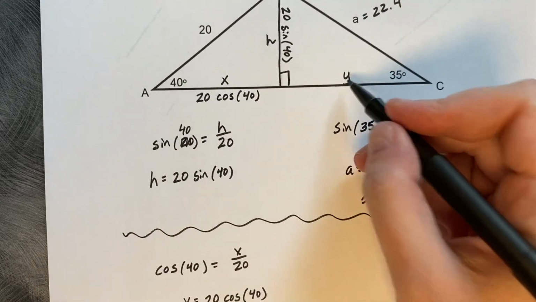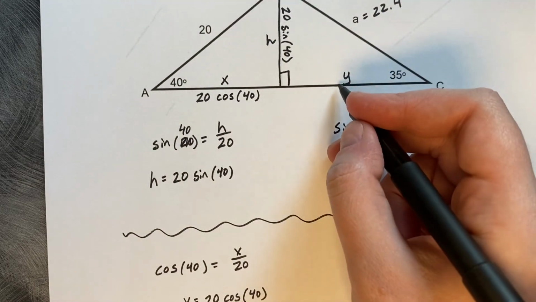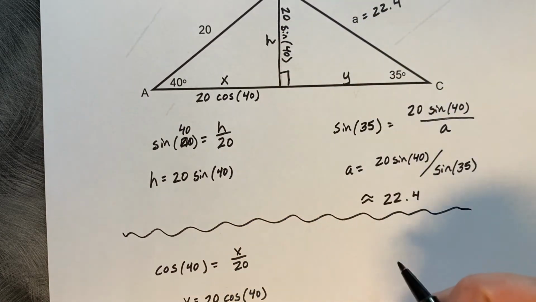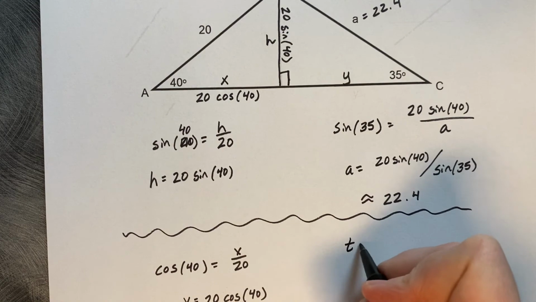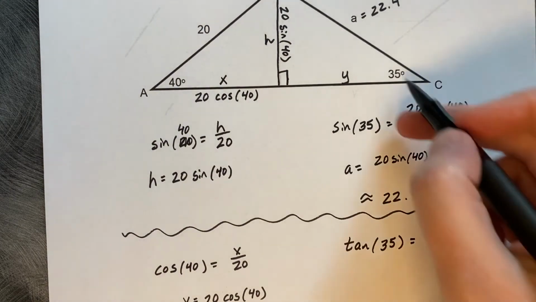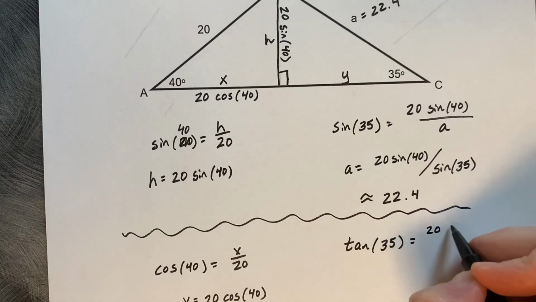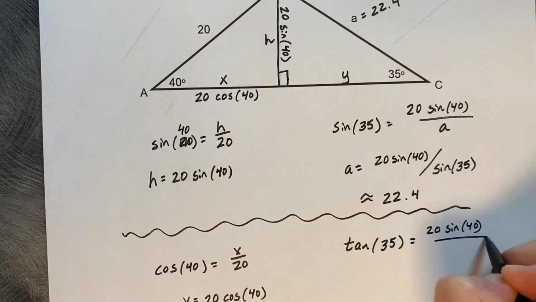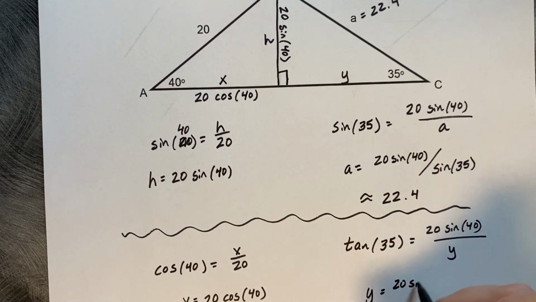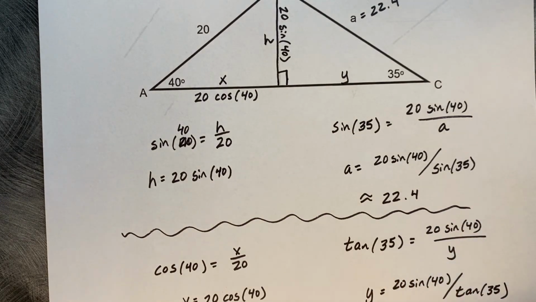And we're going to do the same thing with y. So that's going to be an adjacent, and let's use adjacent and opposite, so to use a tangent. Tangent of 35 equals the opposite over adjacent, 20 sine of 40 divided by y. This will be a division one. So y equals 20 sine of 40 divided by the tangent of 35.